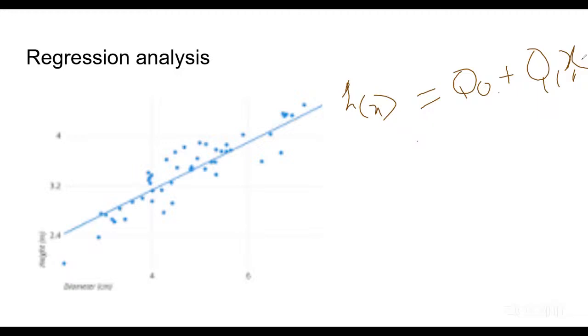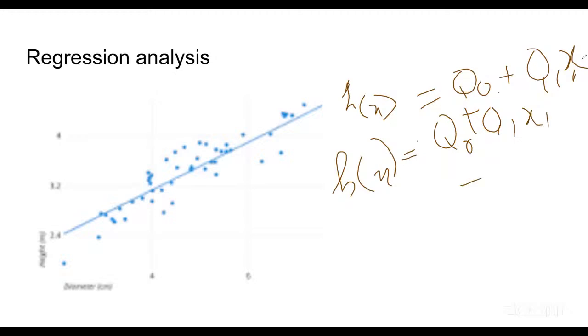Now suppose we increase the variables, like size plus number of bedrooms and prices. Now our hypothesis would be h(x) equals θ0 plus θ1x1 plus θ2x2.